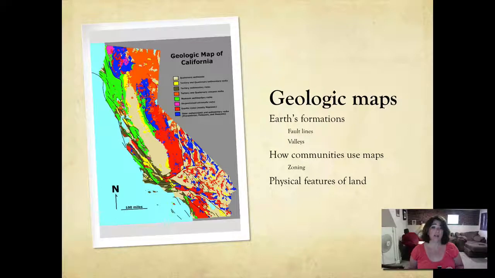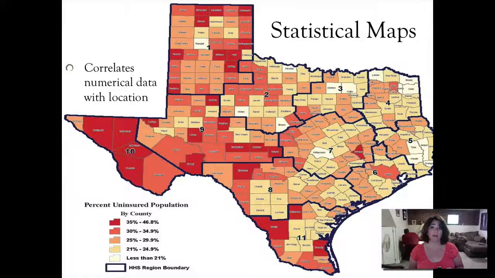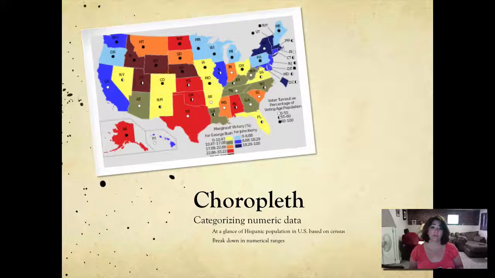We can look at geologic maps like this one of California, looking at physical features of land or physical features that relate to population. Here's a statistical map that deals with the numbers. This numerical data is correlating to location. We can look at this map where we are looking at the Hispanic population based on the census.